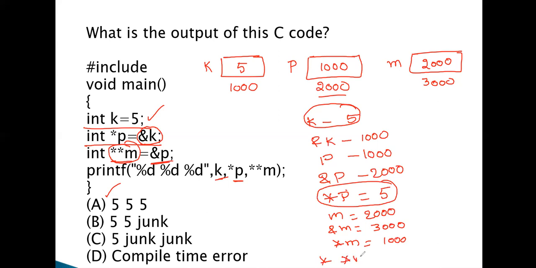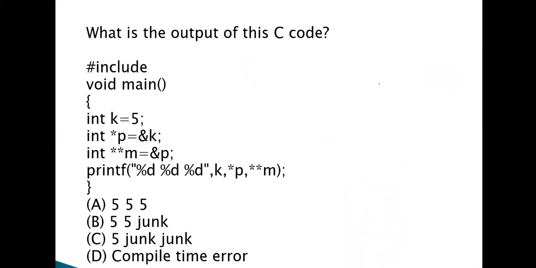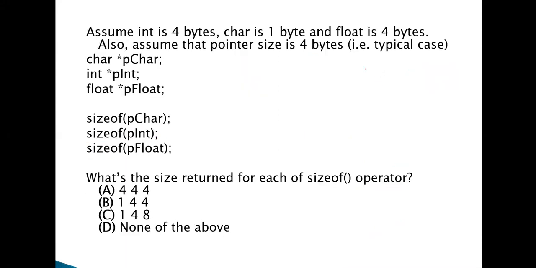What is **m? For *m, this is 1000. *1000 means the value present at 1000. So these three are the required things. So 555 is the answer. It is clear. Double pointer means one pointer points to another pointer.